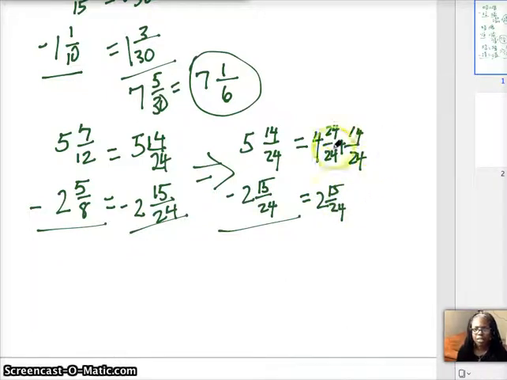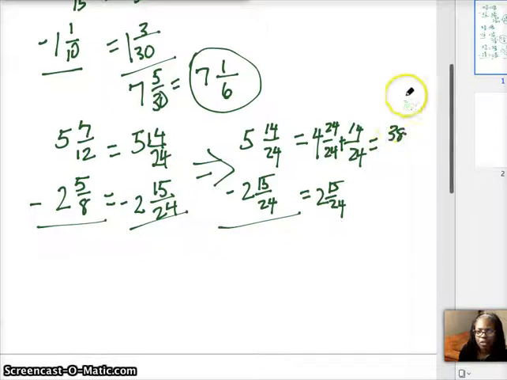That's the same thing. Watch what I'm doing. I am borrowing from the whole number to make this fraction large enough to do the subtraction. So when I add 24 24ths plus 14 24ths, I get 38 over 24.